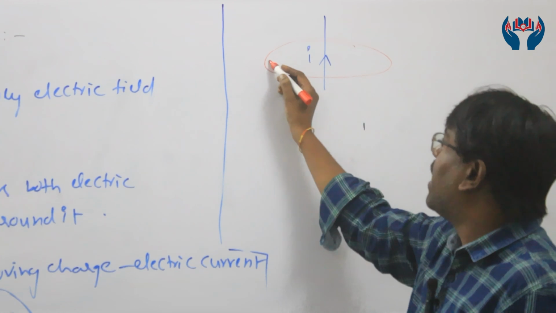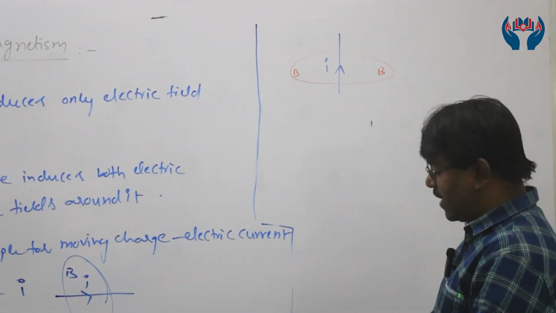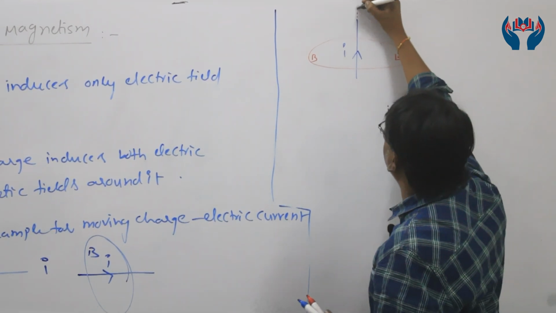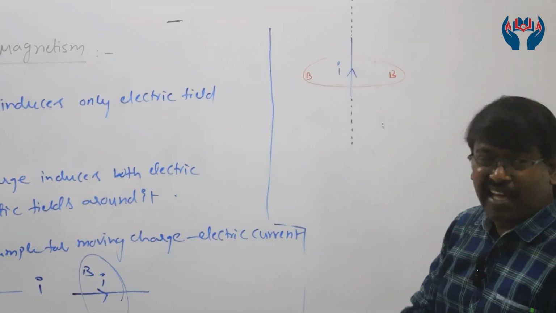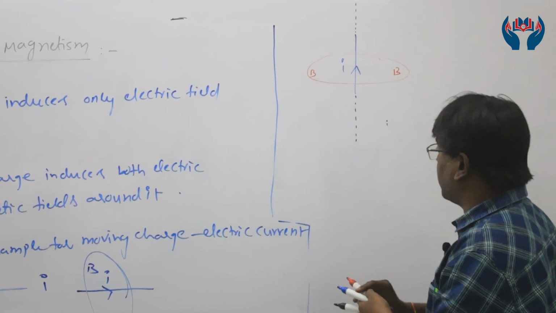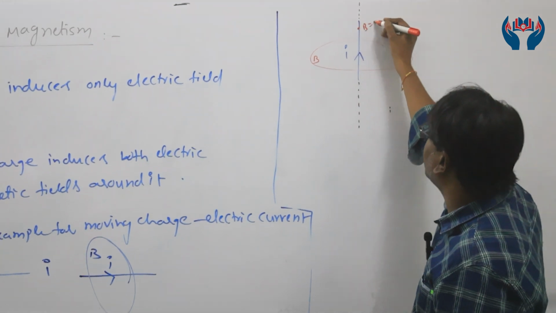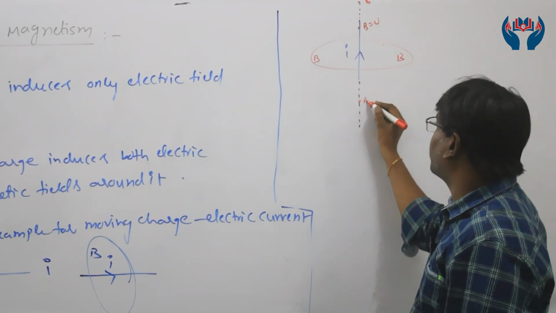There is no induced magnetic field on the axis of the conductor, or along the axial line of this conductor. The magnetic field is induced around this conductor, but there is no magnetic field along the length of the conductor.